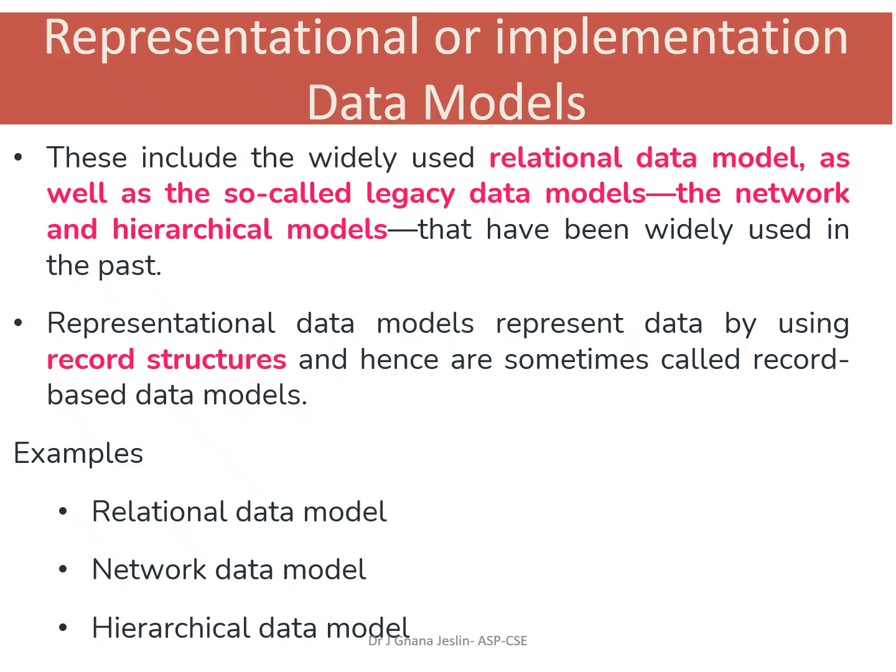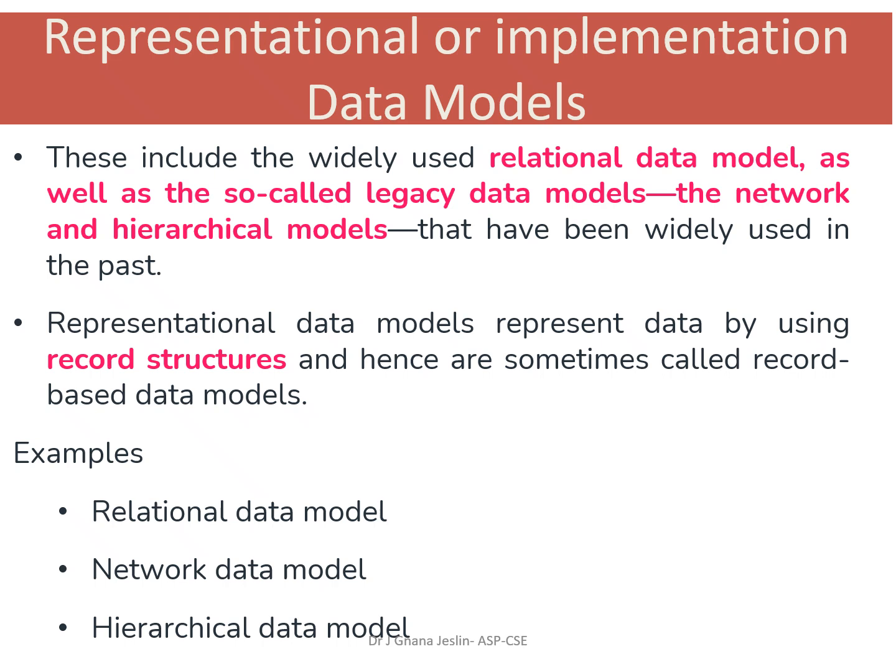Okay, next, moving on to the representational data model. It's how the data is represented, the intermediary data model: what type of data is used and what data structure is used, coming from your conceptual data model. The next level of data model, the one the system understands, is called the representational, otherwise called the implementational data model.